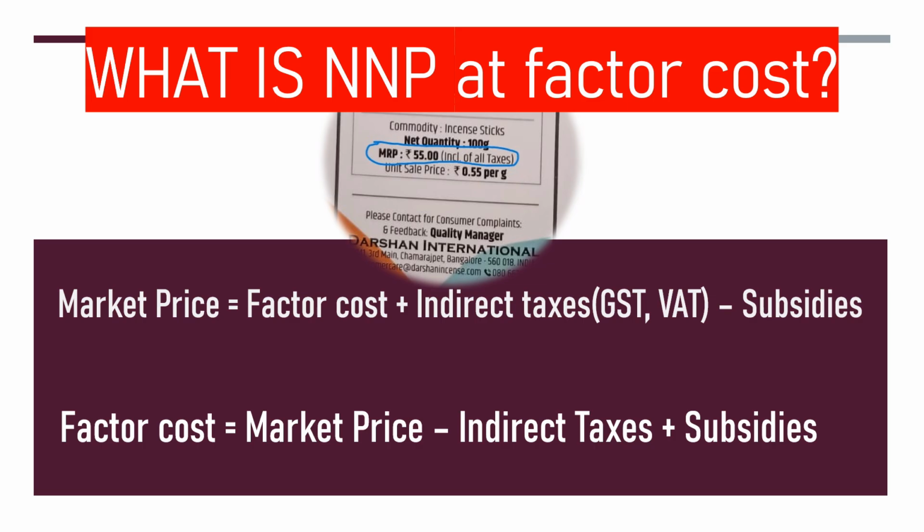With this factor cost, if you add taxes, let's say 10 rupees, the market price of this item will be 140 rupees. So a subsidy is given by the government so that the factor cost is decreased. When the factor cost decreases, the ultimate price of the product also decreases.